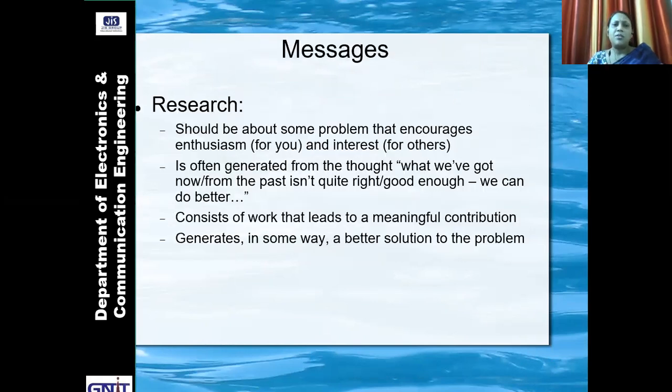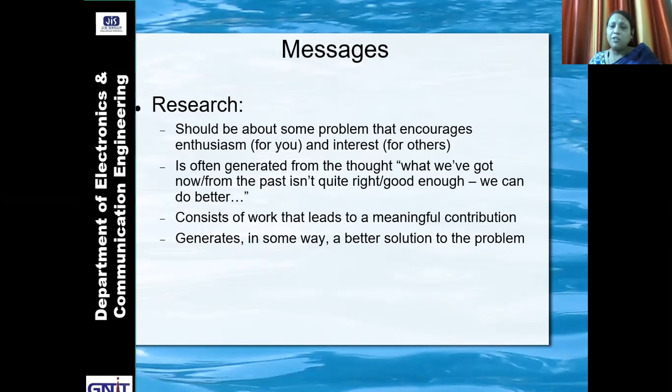Now the message: research should be about some problem. It encourages enthusiasm, or may create interest, enthusiasm for you and interest for others. It is often generated from the thought that what we have got from the past isn't quite right or good enough, we can do better.